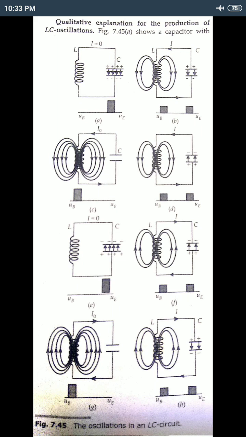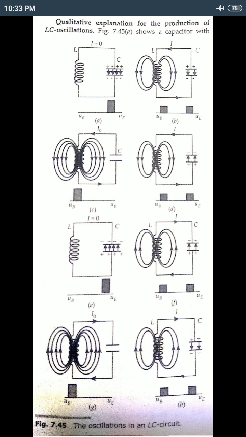Then again magnetic flux is linked inside the inductor, the capacitor is fully discharged, then after some time the capacitor will charge again and the inductor will have zero magnetic flux. Like this way it keeps happening.